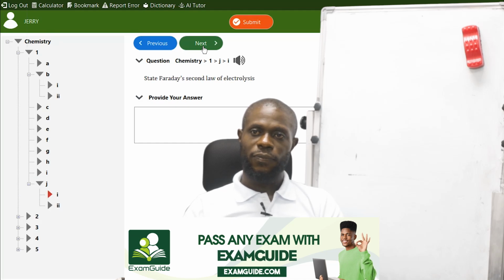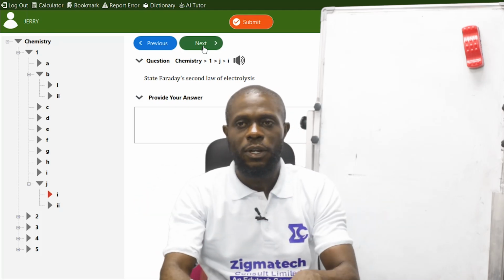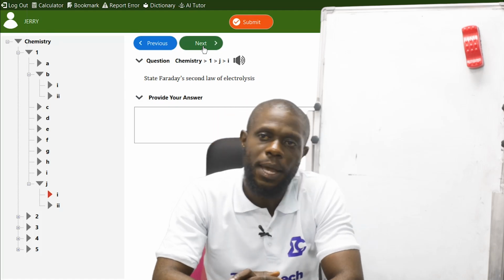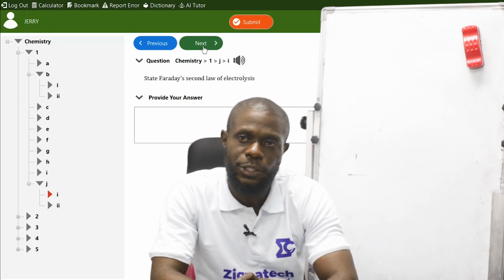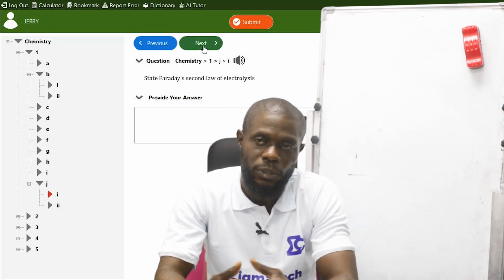The next question is, state Faraday's second law of electrolysis. Electrolysis, in simple terms, is the flow of electrons.